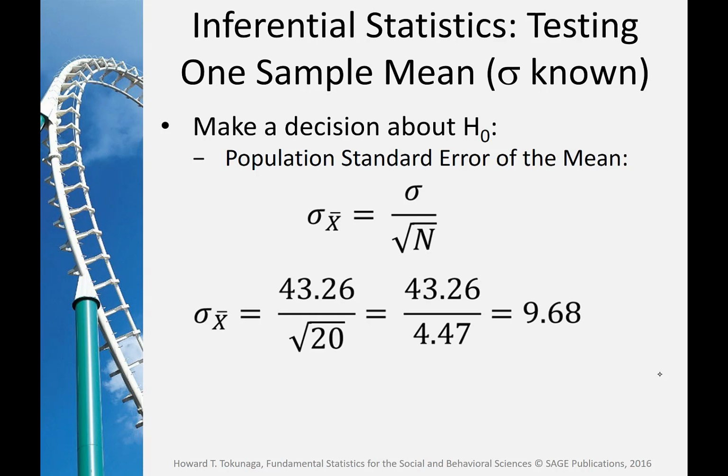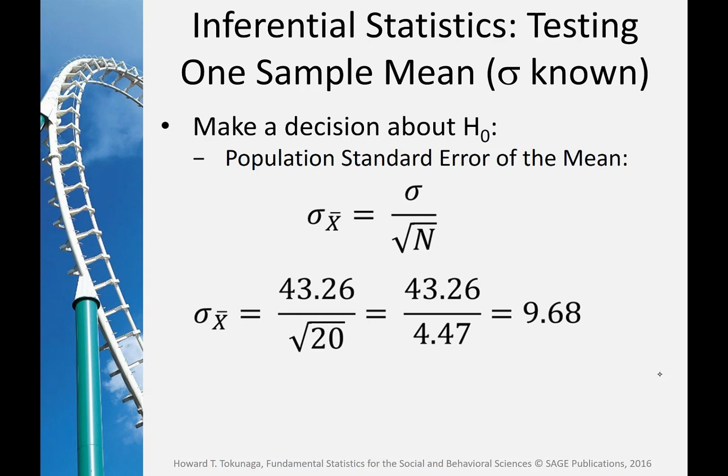What happens when n gets bigger? What if n is 200? All right. So as n goes up, that value in the denominator also goes up, but the result to our fraction is that it gets smaller.